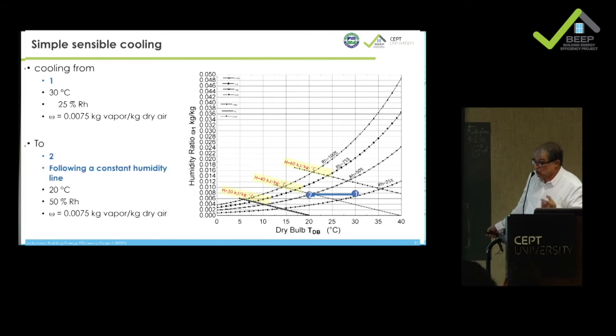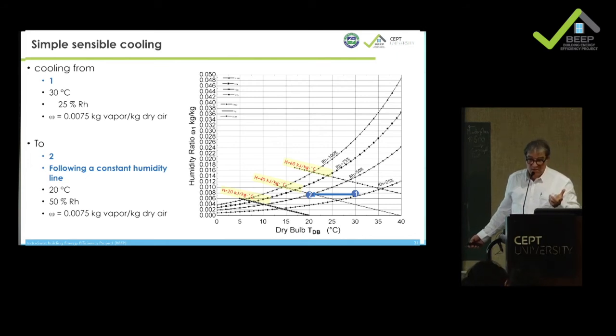So you see that when you cool the air, the relative humidity is going up. When you heat the air, the relative humidity goes down. So this is something you should keep in mind, that it always goes in this direction. And you see that sensible heating and cooling are on horizontal lines. So this you can remember because it's very simple in a sense.